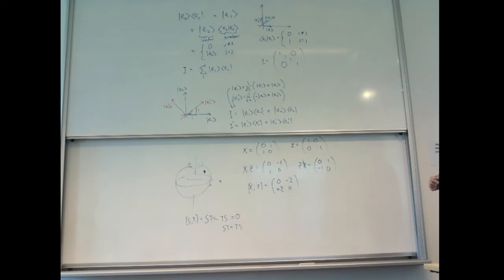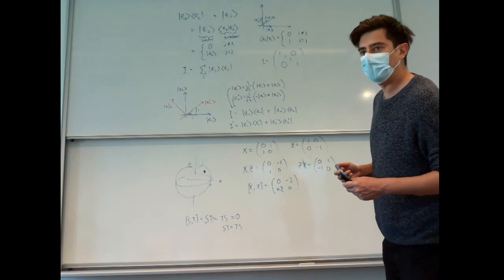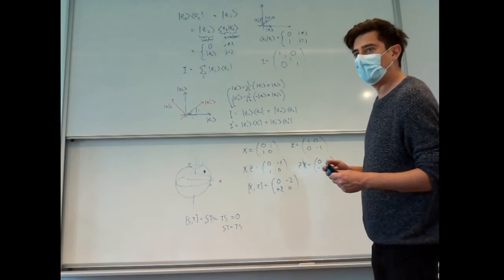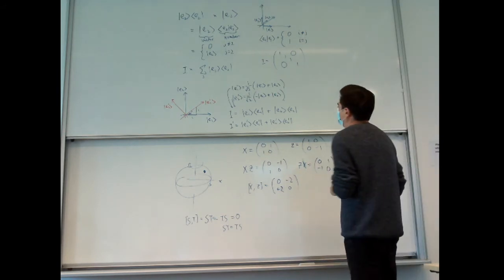So the commutator only exists when X and Z are both n by n matrices and they are the same size. Sorry, what's the first thing that you said? That they are both n by n matrices. Oh, I see.